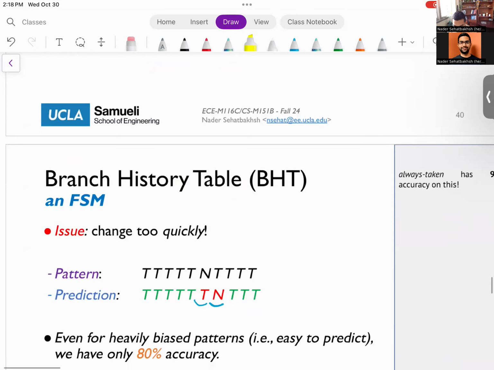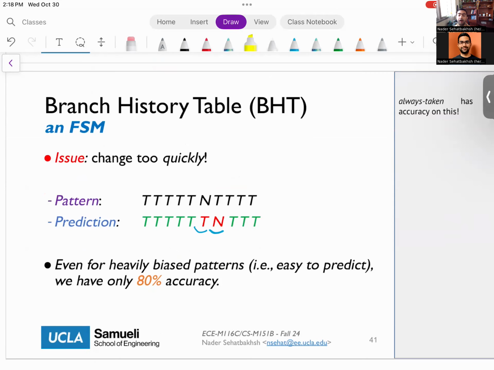And this may not be the greatest solution. For heavily biased branches, which almost always go in one direction, either taken or not taken, and maybe sometimes only the other way around, we only get 80% accuracy, which is not the greatest that we can achieve.